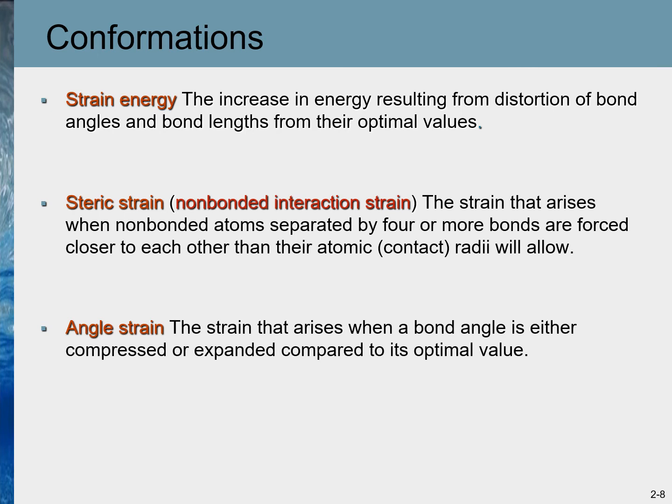The presence of all those various kinds of strains will increase the energy of certain conformations. The increase in energy resulting from the distortion of bond angles and bond lengths is known as strain energy.